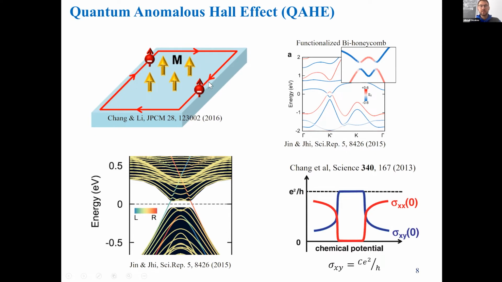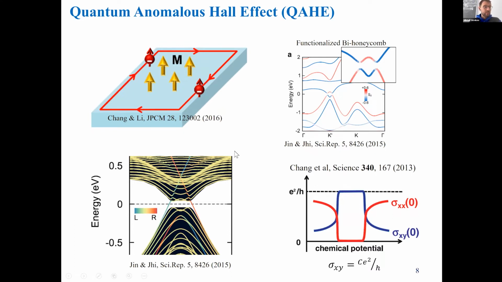Therefore, electrons only have two possibilities. Either they go around the film perimeter, and this is how they can end up moving at the opposite edge, or they tunnel through the bulk of the two-dimensional film, but it is insulating in principle, right? So therefore, the transport essentially occurs here.